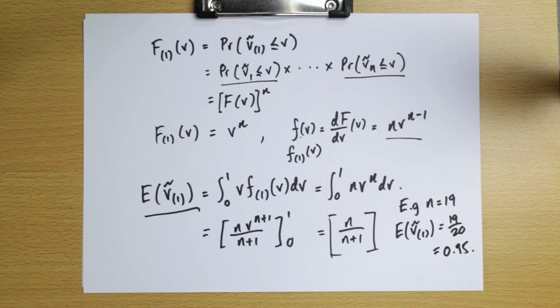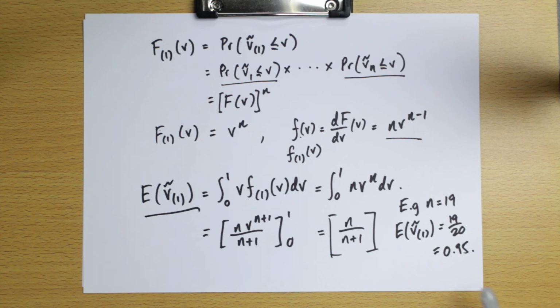Essentially, why this is going to be useful is because you could imagine we're running an auction and say 19 people walk into the room and we are assuming that they all have some value for the object that's being sold, but we don't know their values, they're private, so we make an assumption that, well, we'll treat them as a random variable and they're uniform on 0 to 1, for example.